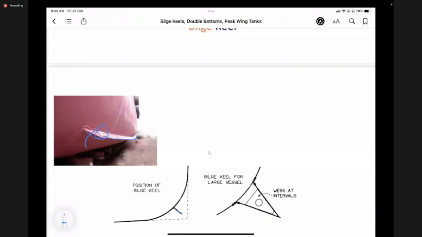These are called sacrificial anodes. We put little plates of them. Basically, salt water is a very aggressive environment. It causes corrosion.